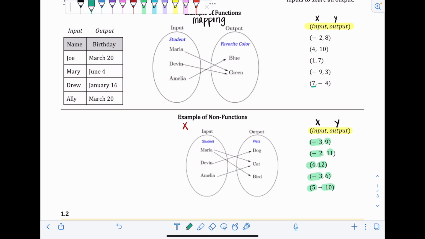If the input values are all the first number in each set of parentheses, these two points, (-3, 9) and (-3, 6), cause a problem because they have the same input, -3. One time it goes to 9, and one time -3 goes to 6. So that one input, -3, has two different outputs, and that means it's not a function.